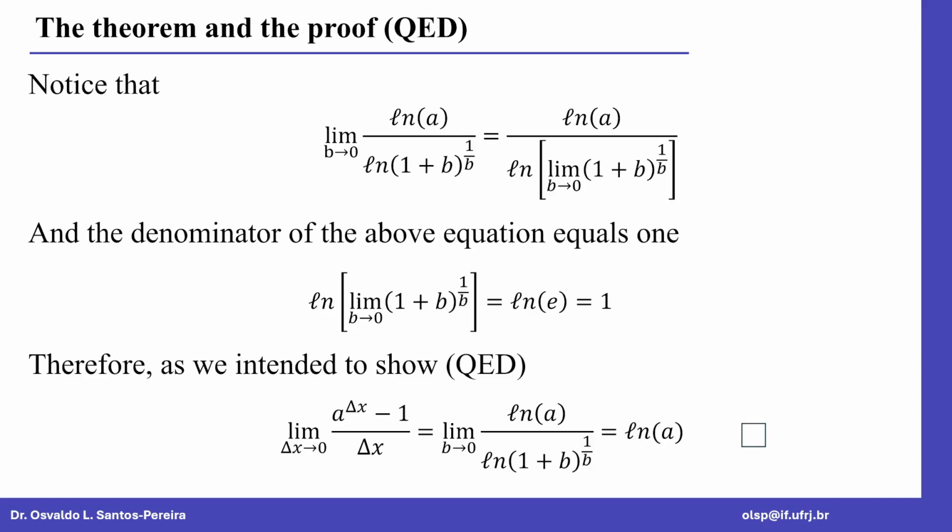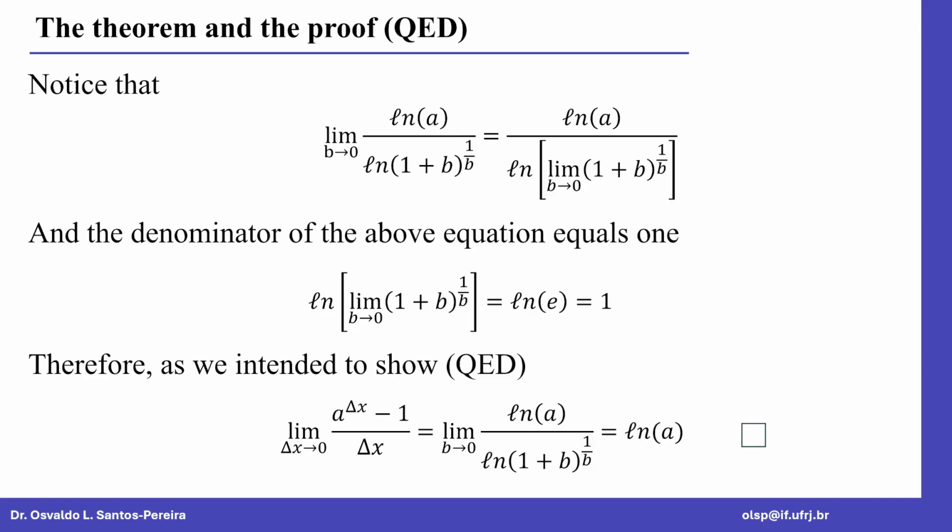Notice that the limit, as b tends to 0, of the natural logarithm of a divided by the natural logarithm of the quantity 1 plus b raised to the power of 1 over b can be rewritten. By moving the limit operator inside the logarithm, we obtain the natural log of a divided by the natural log of the limit, as b tends to 0, of the quantity 1 plus b raised to the power of 1 over b.